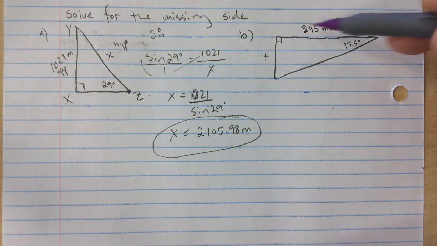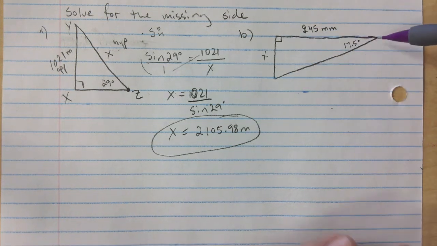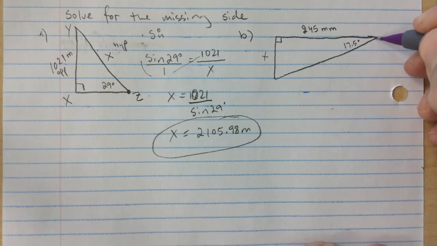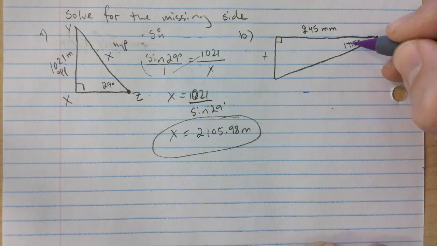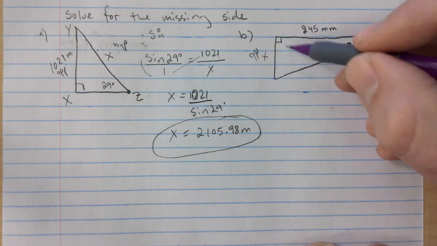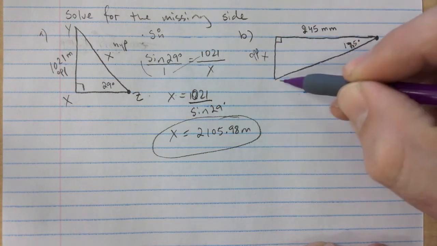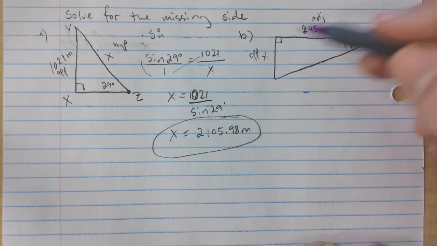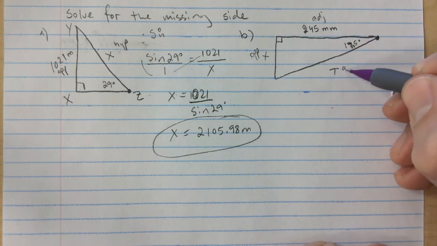Next, B, have a triangle like this. You are located in this corner because the angle is there, right? So no inverse here if you know what the angle is. You take it, it's opposite. Hypotenuse, don't know, don't care about it. It's the adjacent. So O and A, that's TOA, right?